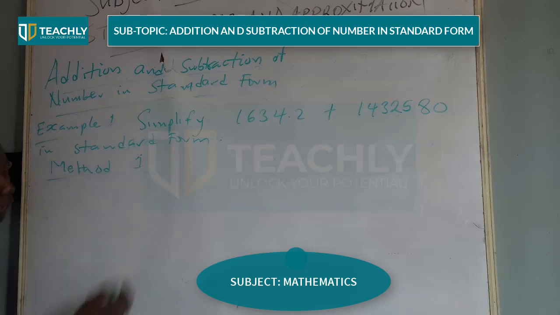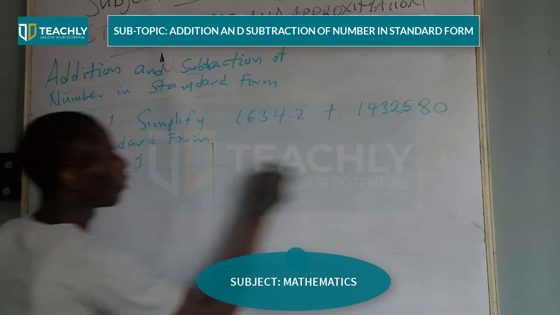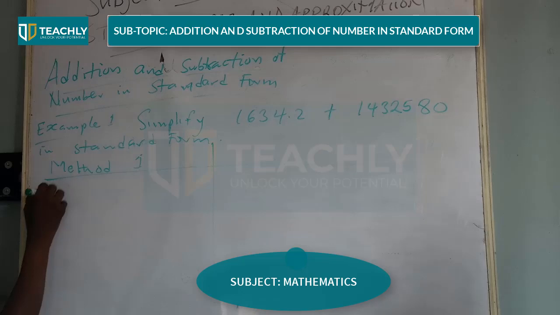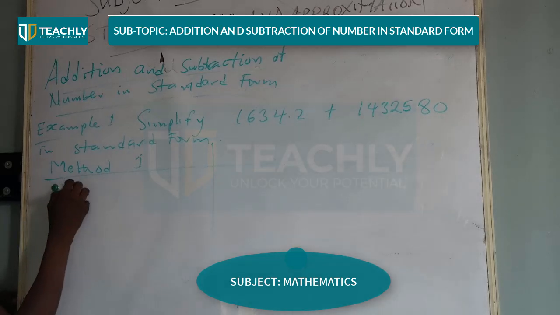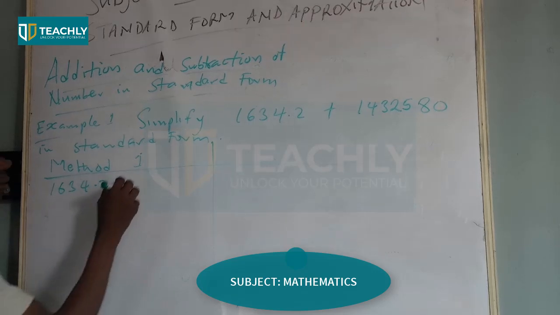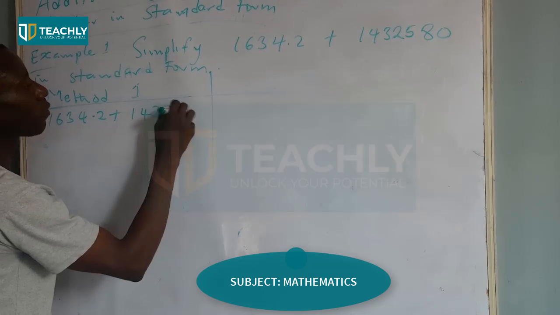You can decide which one you want to use. For Method 1, let's first add the two together: 1634.2 plus 1432580.